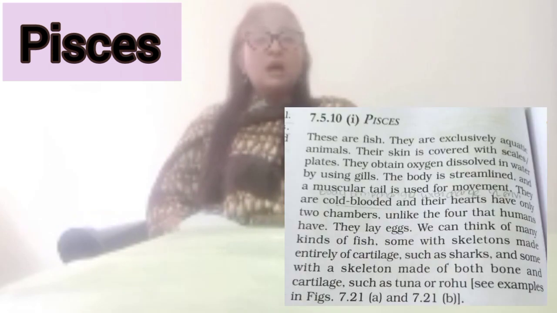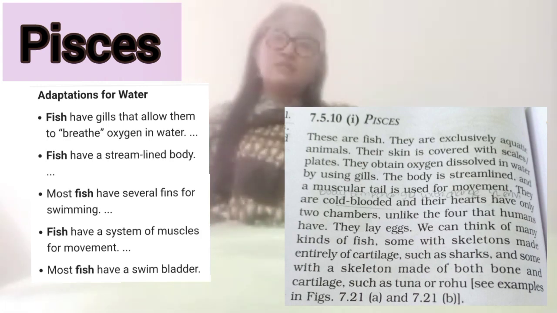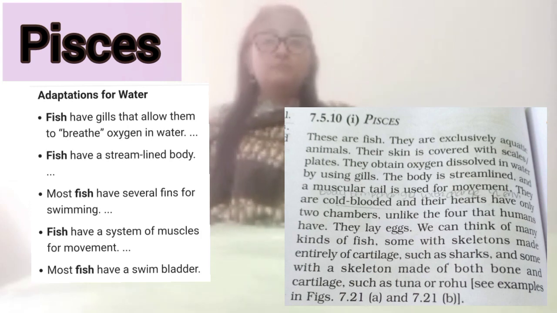Next let us see Pisces. They are either marine or freshwater. They have an endoskeleton as well as an exoskeleton. Exoskeleton is either made of scales or plates. Endoskeleton can be bony or cartilaginous and bony.